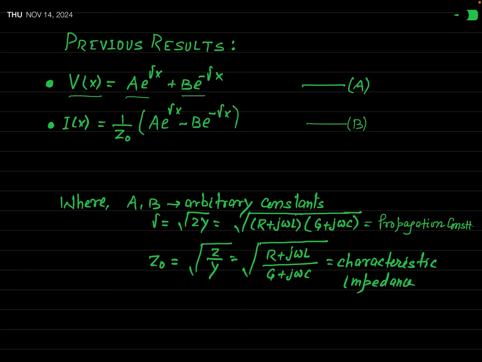Similarly, we also obtained the equation for I of x, which is given by 1 over Z naught times this much. These were our final results of the previous lecture.